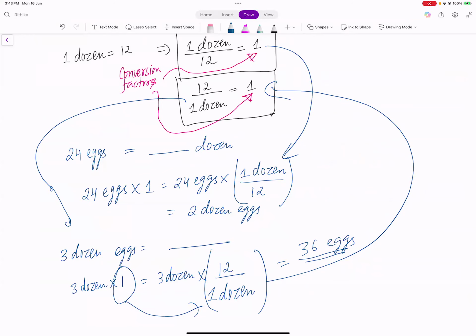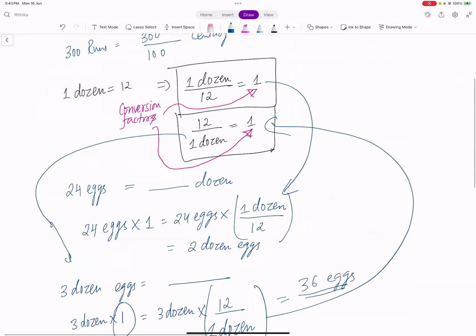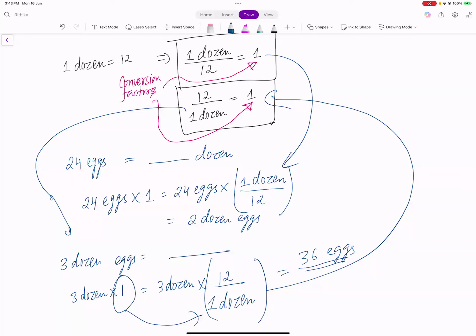Okay, now, 3 dozen means how many eggs? Ritika, I think you can disconnect and connect again.